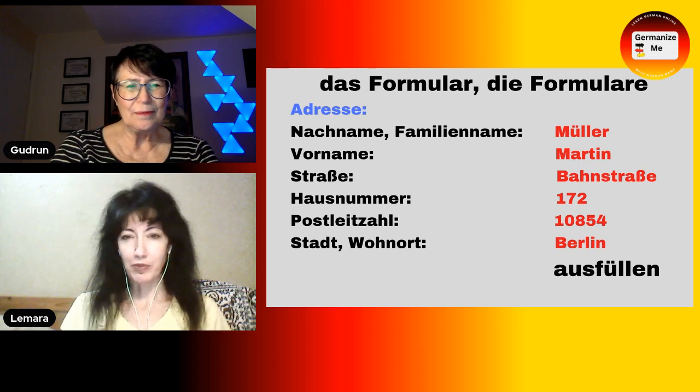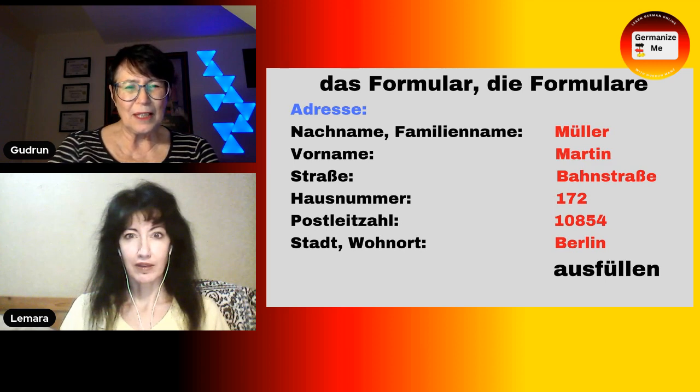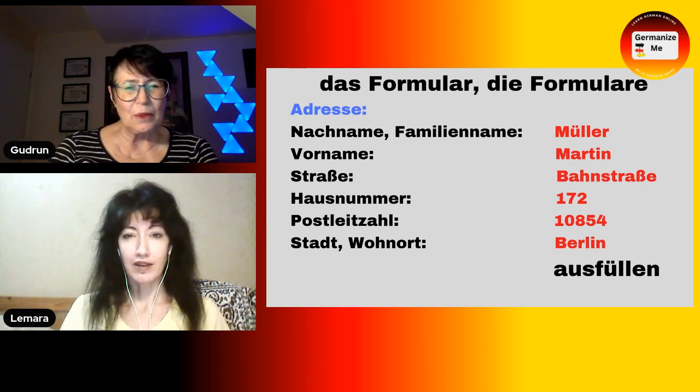I suppose my telephone number. Yes, phone number is one thing. What else? Maybe the country where I live. Well, if you write a letter and send it per normal mail, then you would need the country, yes.